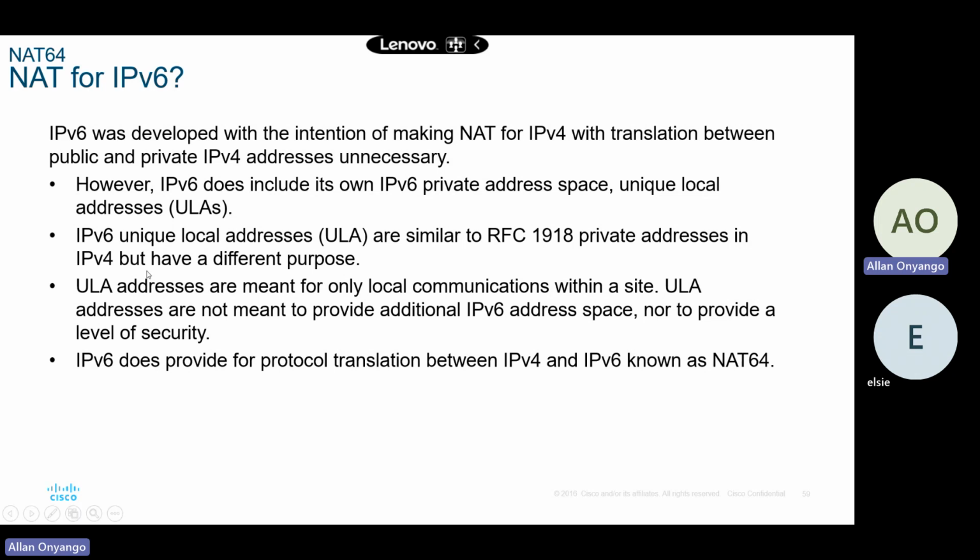But IPv4 has had that issue, and that's why IPv4 has had to translate from private to public and public back to private, and that is very, very important. IPv6 has addresses called unique local addresses, which have some similarity with private IPv4 addresses, but the use is actually very different.